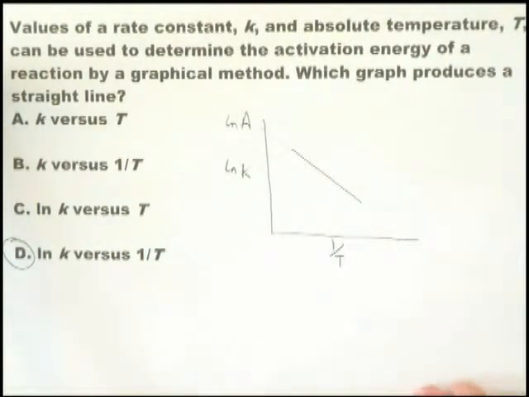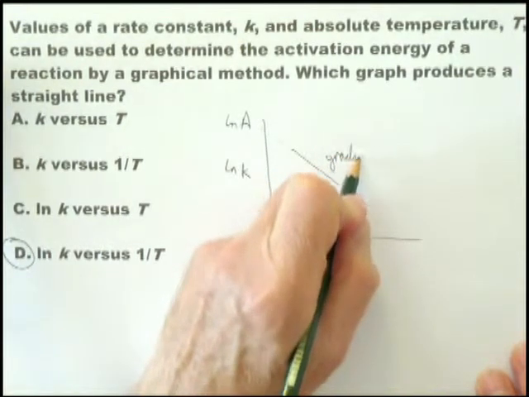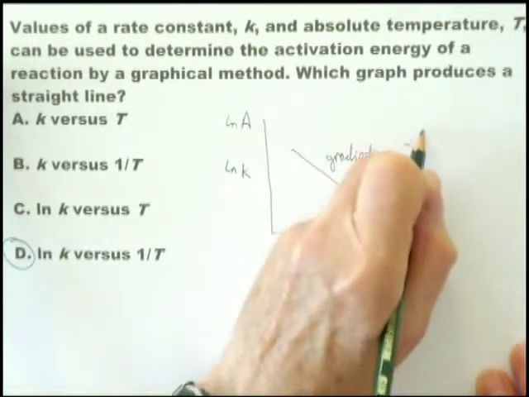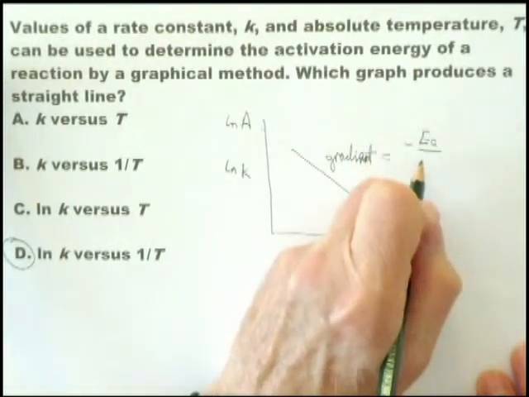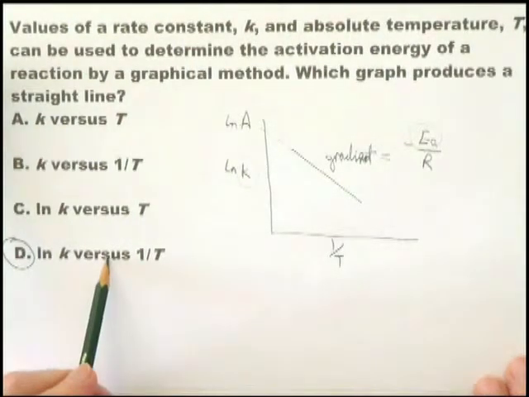The other important thing about the curve is that the gradient equals minus Ea, the activation energy, over R, and R is the gas constant. But the graph and that line you simply have to remember.